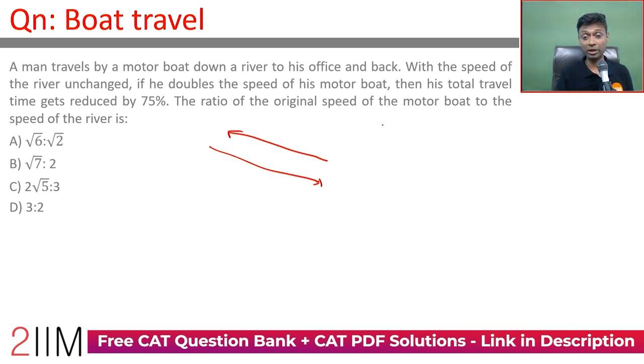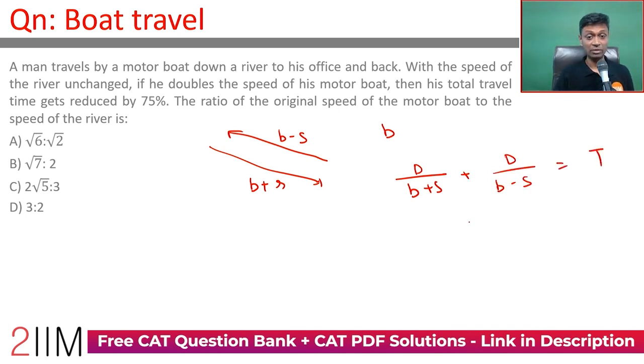Let's say his boat speed is B, stream speed is S. Going down, he has B plus S. Coming up, he has B minus S. So some distance D by B plus S plus the same distance D by B minus S is time taken T. If he doubles the speed of his motorboat, D by 2B plus S plus D by 2B minus S, the time reduces by 75%, or this becomes T by 4.